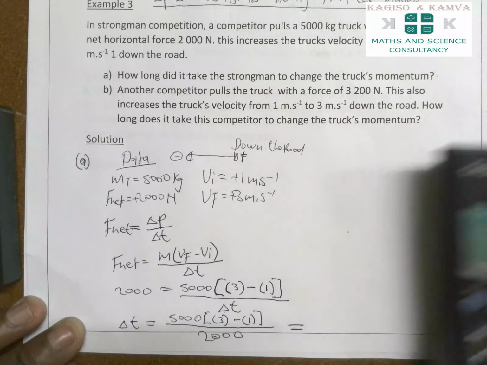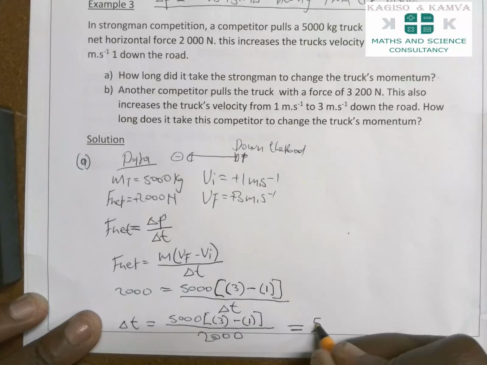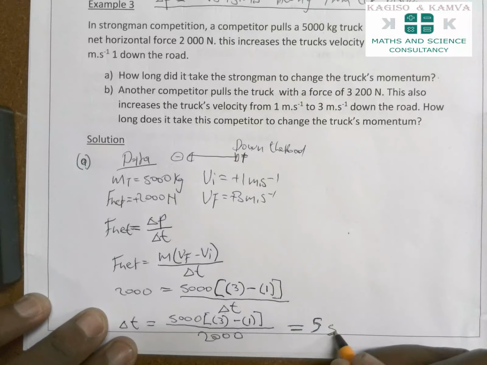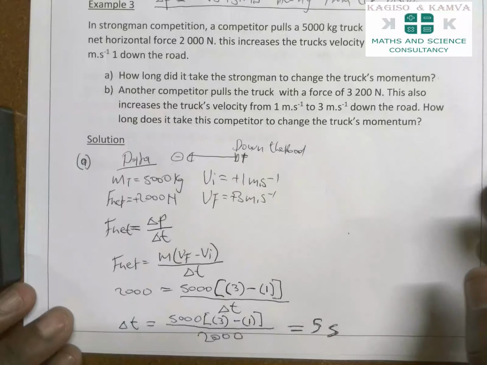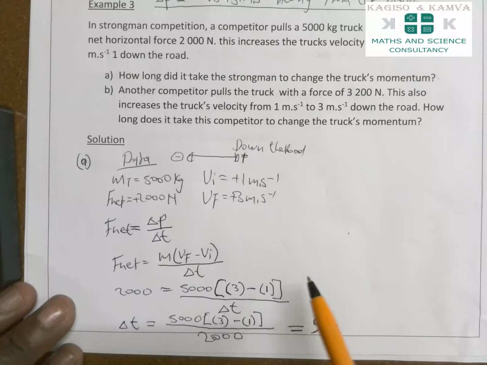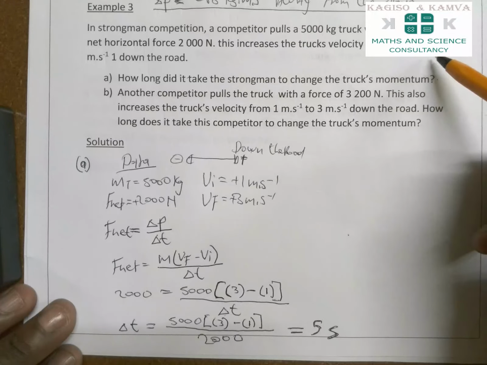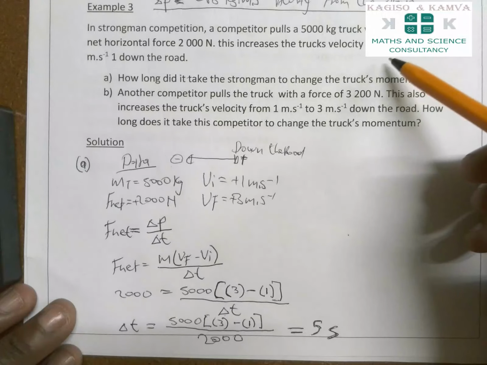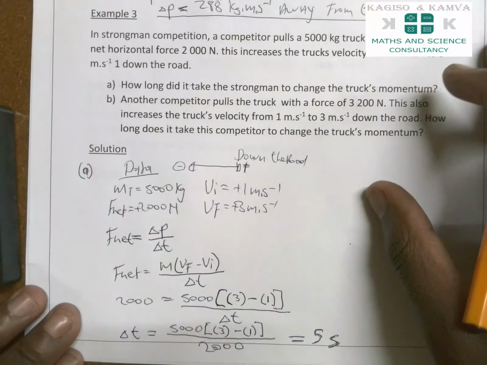The answer is 5 seconds. So it only took this strongman 5 seconds to pull this truck and change its velocity from 1 meter per second to 3 meters per second.